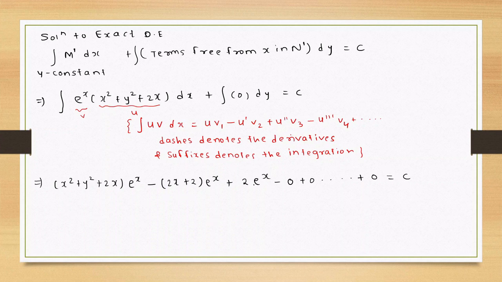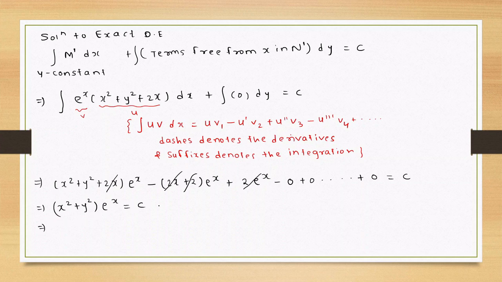Right? Now this 2 e raised to x and this minus 2 e raised to x get cancelled. Right? Plus 2x e raised to x and minus 2x e raised to x get cancelled. Right? So we are remaining with x square plus y square times e raised to x is equal to c.